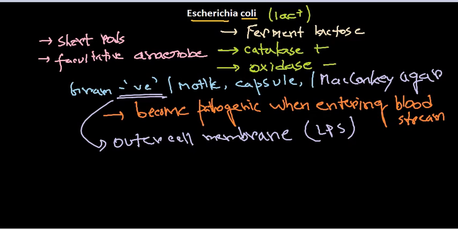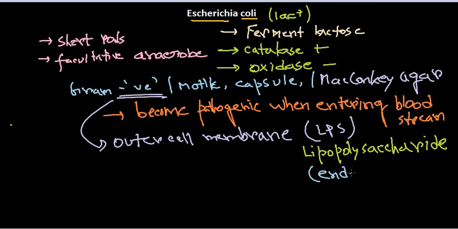So let me write lipopolysaccharide layer. Now this lipopolysaccharide layer is antigenic because it can serve as an endotoxin, right?